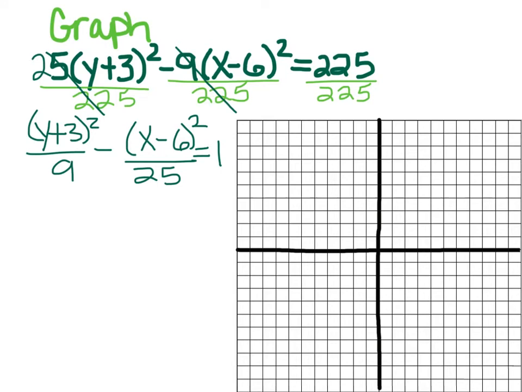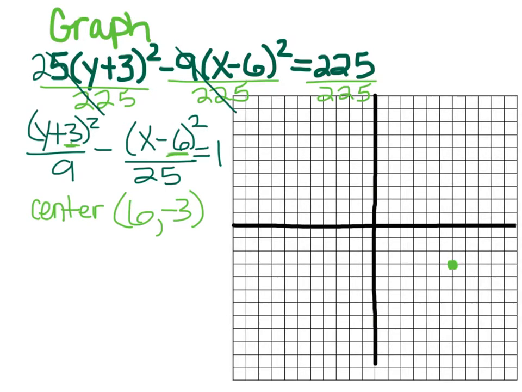So now that it's in standard form, we can locate our center. The center is always at h, k. So in this case, h is 6, k is -3. Be careful. A lot of people put 3, -6 because they see that this is first, but it's always h with the x, k with the y. So 6, -3, right there.